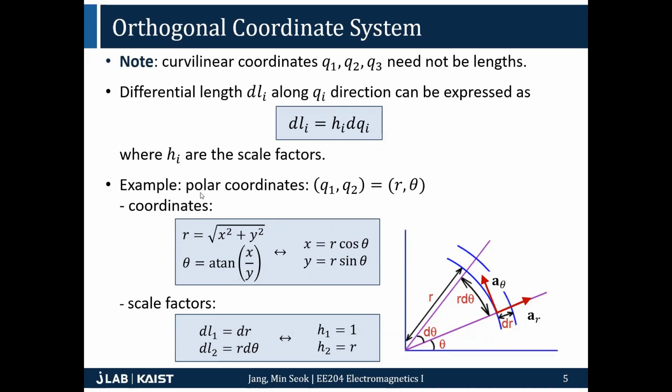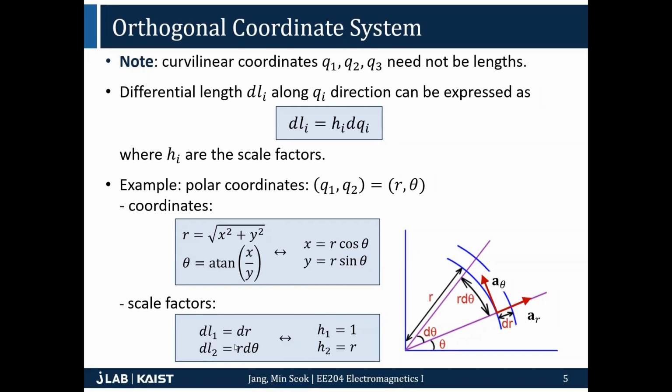Like in this example, polar coordinates, the two coordinate variables are r and theta. R is length by itself. So if you want to get the infinitesimal length along the r direction, you get dr without any scale factor. But theta is angle, so d theta is not length, right? So in order to make length, you need r, which is the scale factor.